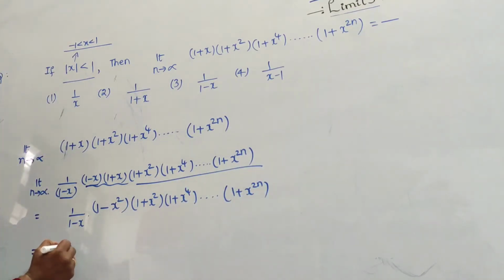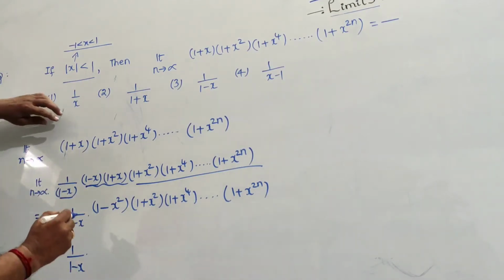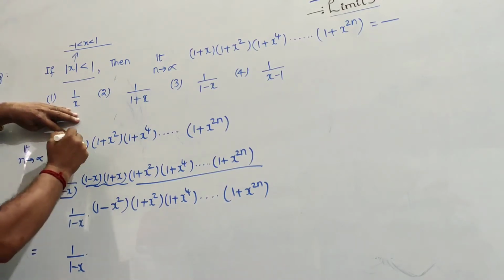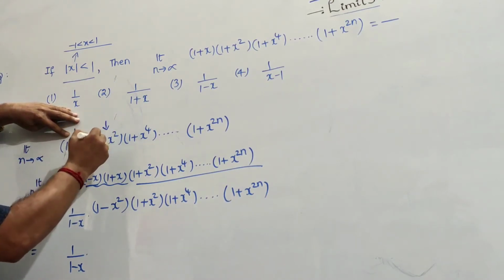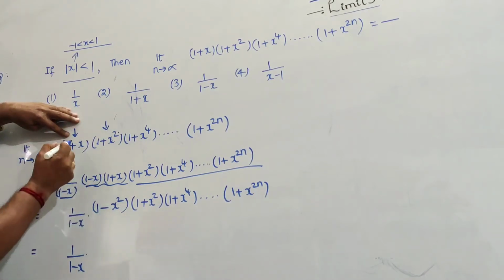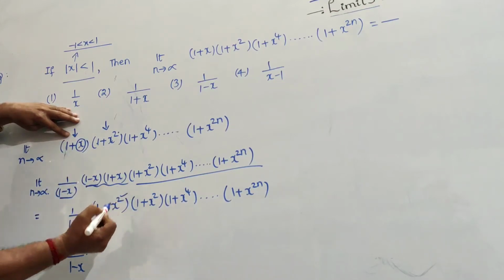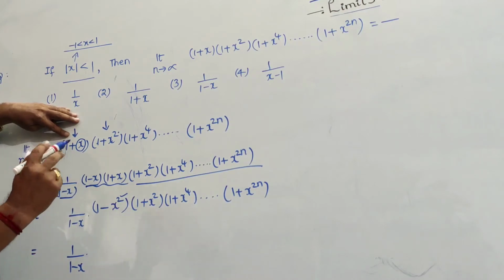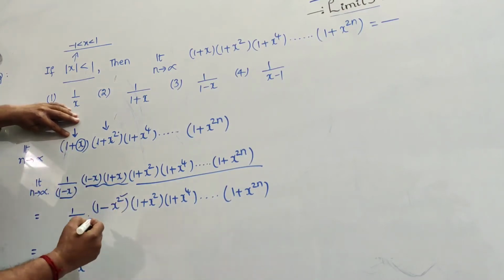So that is equal to 1 by 1 minus x into, the first term is 1 plus x, and the second term is 1 plus x square. Understand?